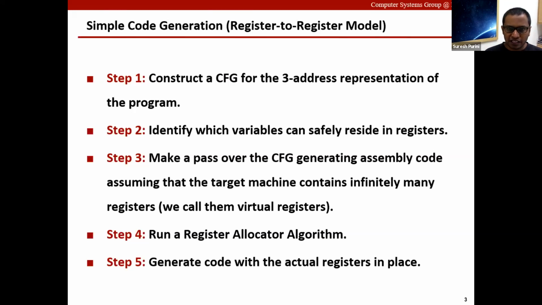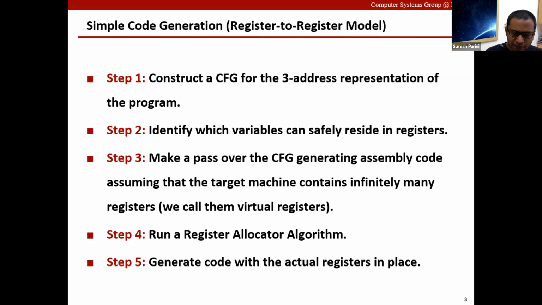So now we have a CFG with three address tuples in the basic blocks, and we may have to do one more analysis pass to figure out which variables can safely reside in the registers. All the variables which can safely reside in registers, we assign them virtual registers.